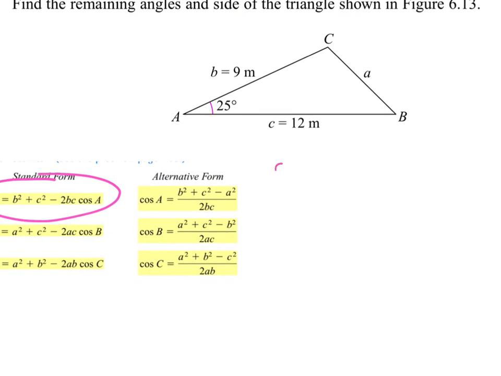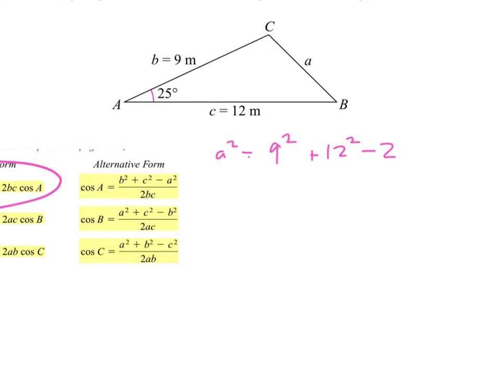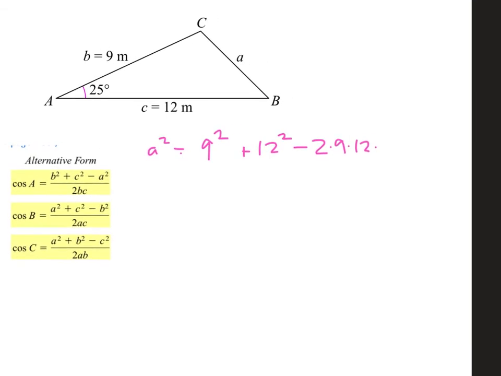So a squared is equal to 9 squared plus 12 squared minus 2 times 9 times 12 times cosine of A. Now we put this all into our calculator: 81 plus 144 minus 2 times 9 times 12 times cosine of 25.